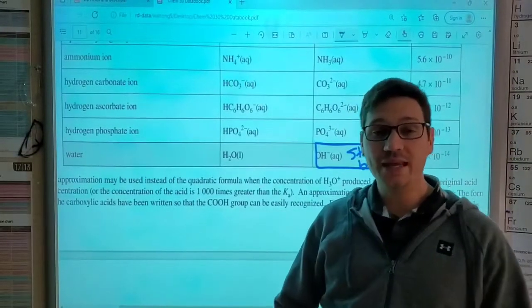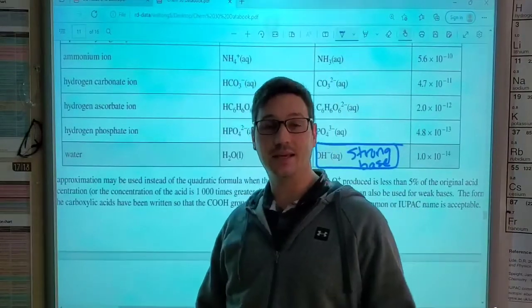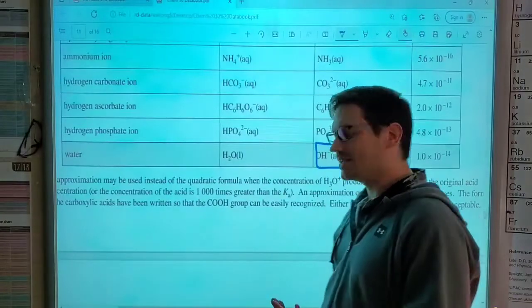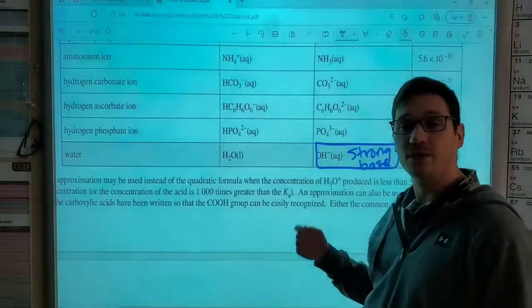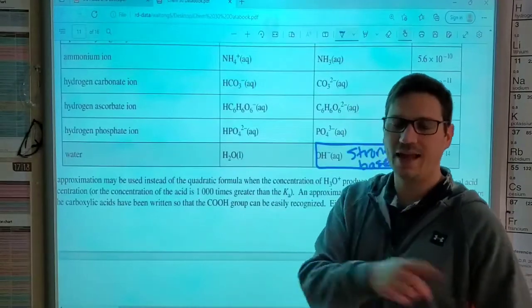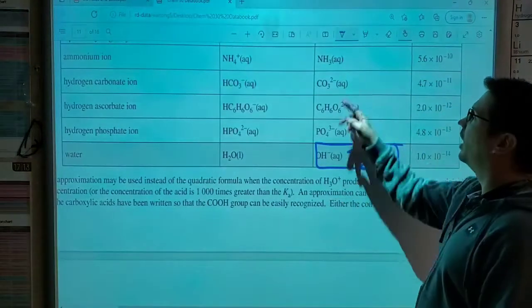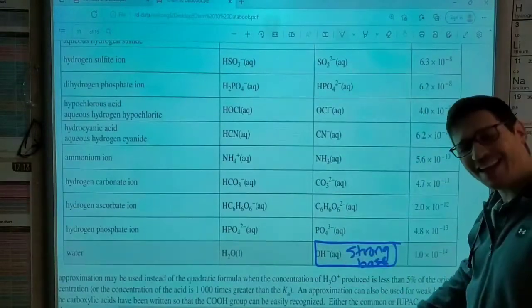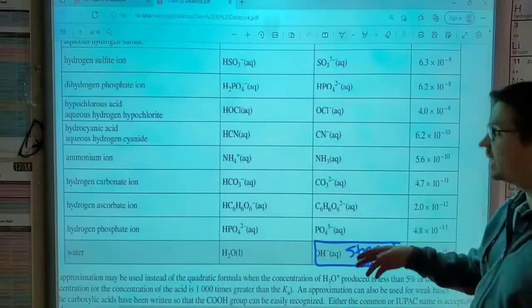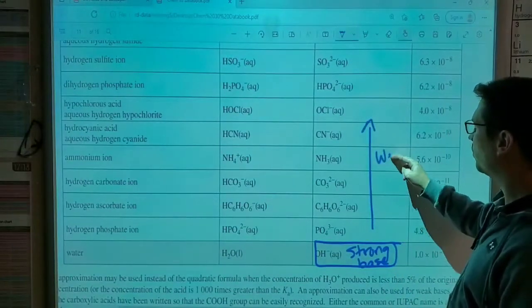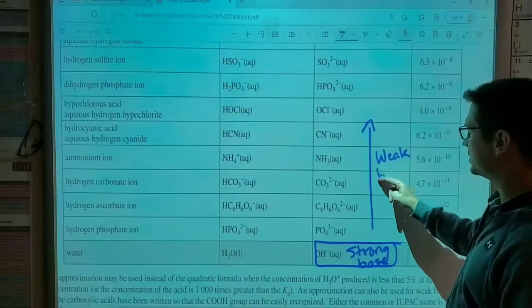Strong bases react to give 100% hydroxide. What that means is when they split up, they will produce 100% hydroxide. Anything else in the base column is a weak base. So all of these are weak bases.